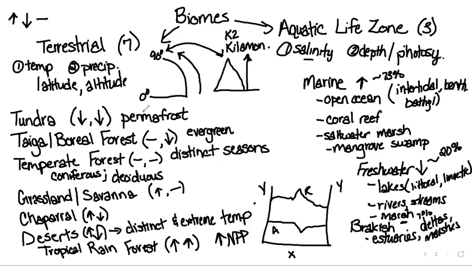Miss King, what specifically will we need to know for the test? Will we need to know all of this? Do we have to memorize all of this that is on the screen? It would be good for you to be familiar at least with this information.